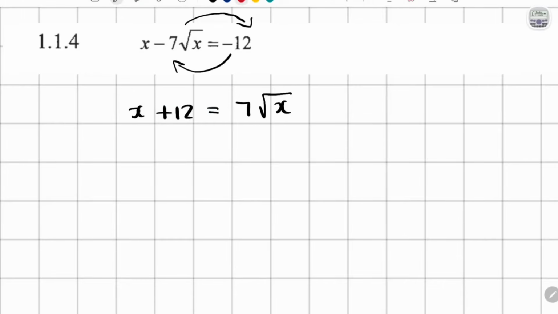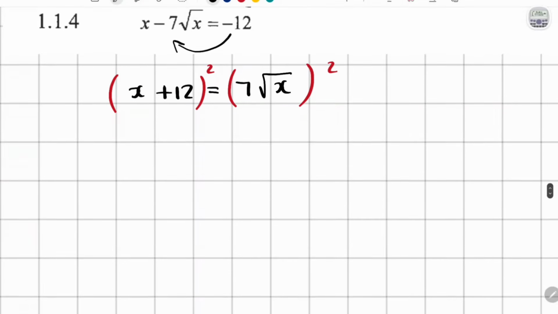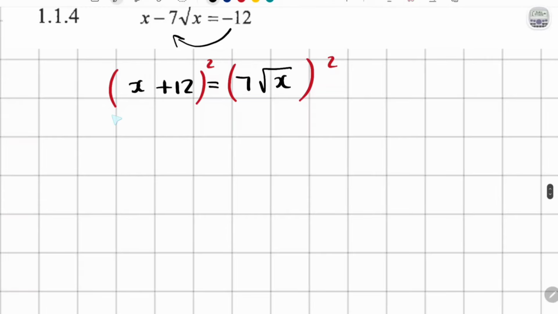And then we're going to square both sides to get rid of that number over there. So we're going to square and square. Now when we square both sides here, you can go ahead and simplify this out if you like. You can do the method where you say x plus 12 multiplied by x plus 12, but this takes too long.